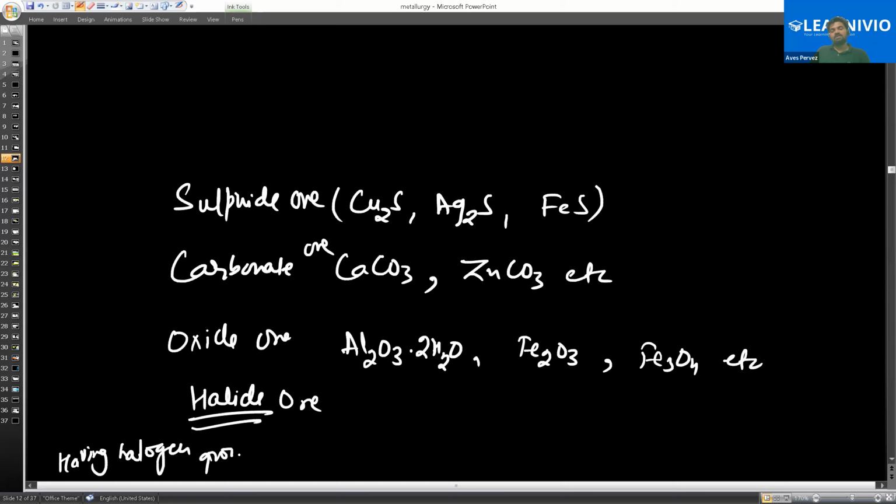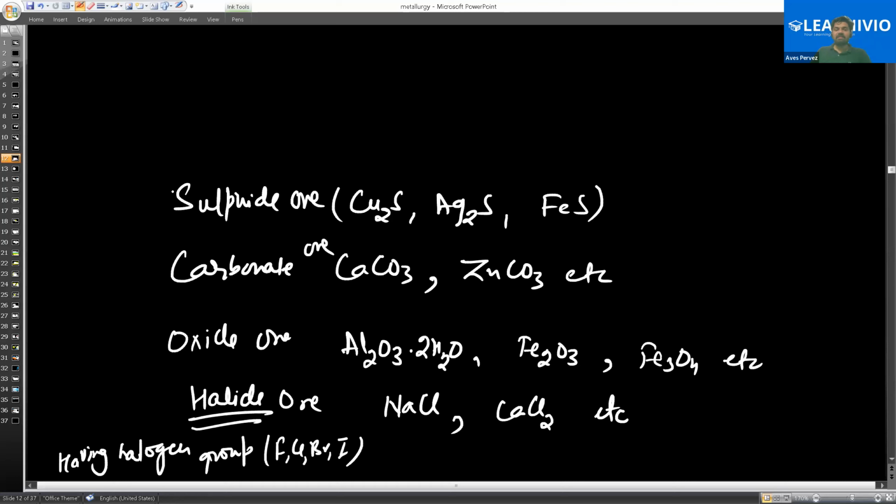Halogen group means like fluorine, chlorine, bromine, iodine. So if an element has a halogen like chlorine, this is a halide ore, like sodium fluoride, calcium chloride, etc.